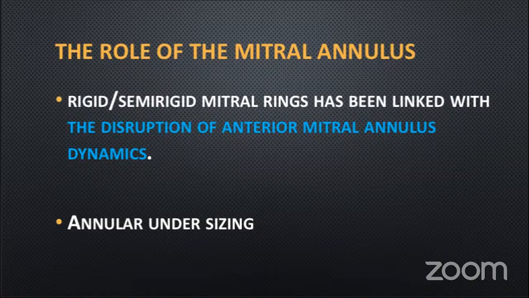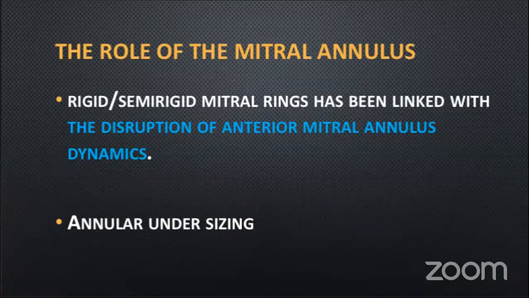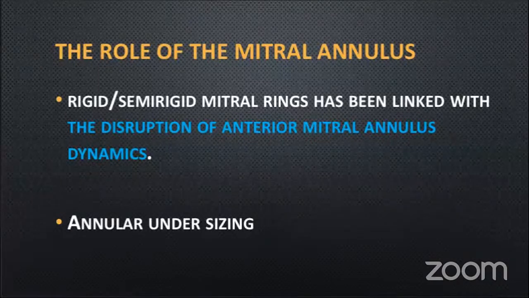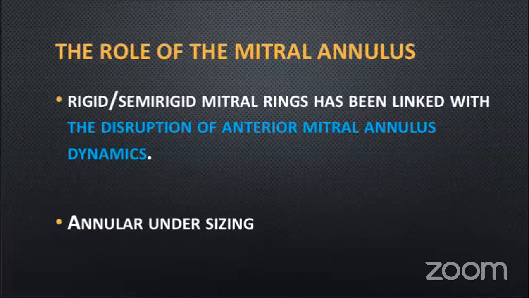And this is always happening with rigid and semi-rigid rings, specifically if it is in a smaller size compared to the patient's leaflet size or annulus size. The second point here is that annular undersizing is also a risk factor for systolic anterior motion, as it promotes bulging of the leaflet tissues.